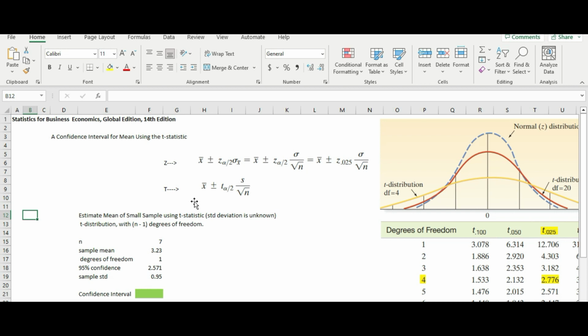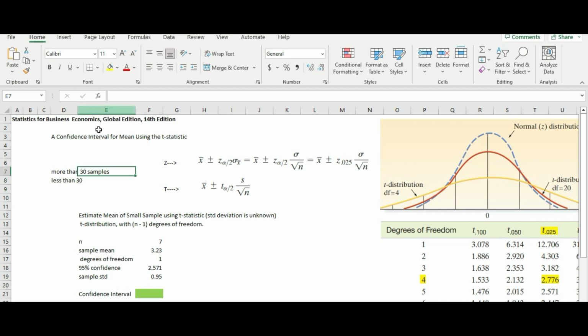From our past videos, we discussed how to compute the confidence interval using the Z, for anything with more than 30 samples. If the sample is less than 30, we will use the t-statistic.